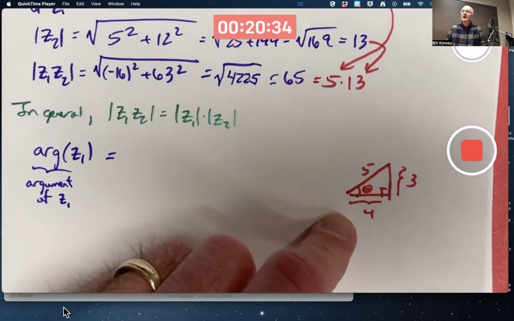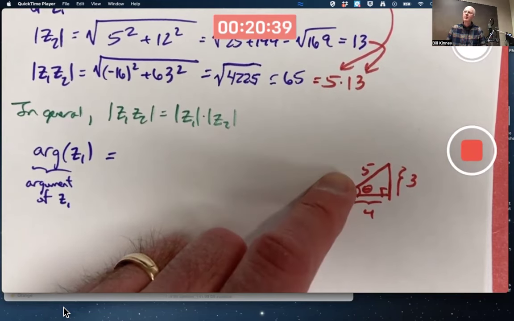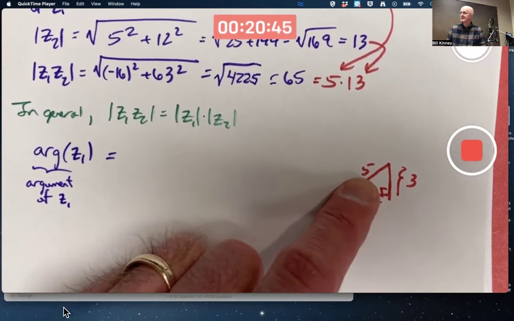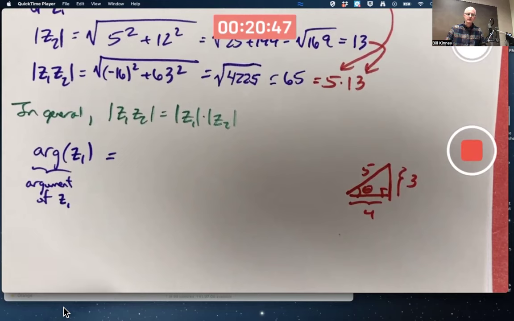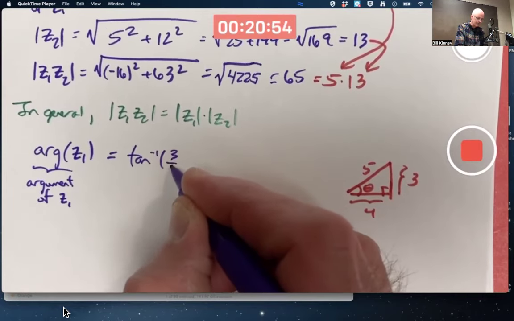Cosine is adjacent over hypotenuse, so I could do the inverse cosine of 4/5, 0.8, or the inverse sine of 3/5, 0.6. Or the inverse tangent, which is what's most typically done, of 3/4, and get the same answer.